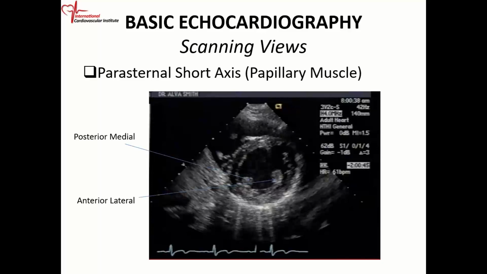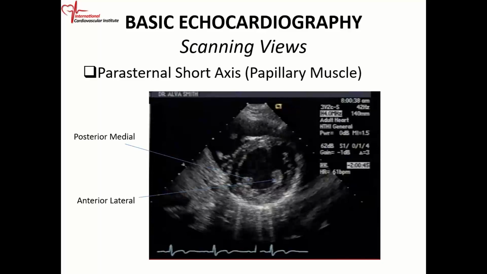You were shown how to get the short axis at the level of the aorta, at the level of the mitral valve, and at the level of the papillary muscle. Now we're going to show you how to get the short axis at the apex of the heart. It should be a progression, an orderly study, so you shouldn't be jumping all over the place.